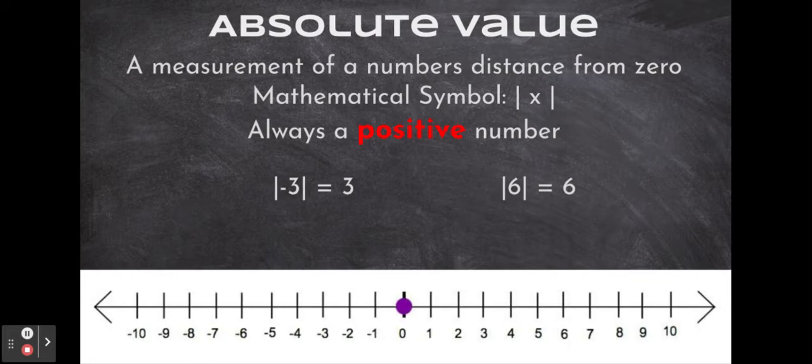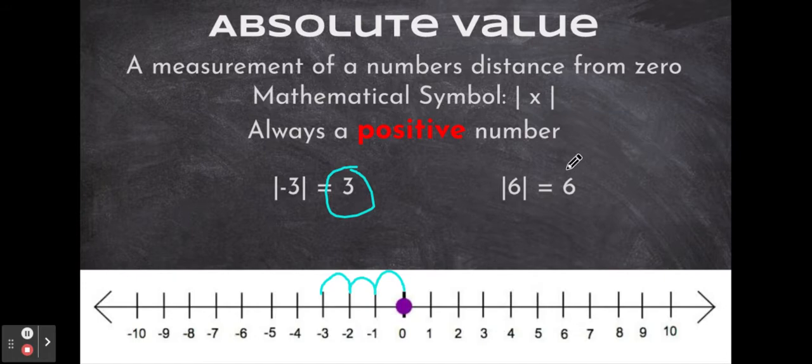If here's my zero, -3 means I'm going 1, 2, 3 spots away from zero. So the absolute value of -3 is +3. That's where that positive number comes in, because you can't be a negative number away from zero. You're always going to be a positive number away from zero.